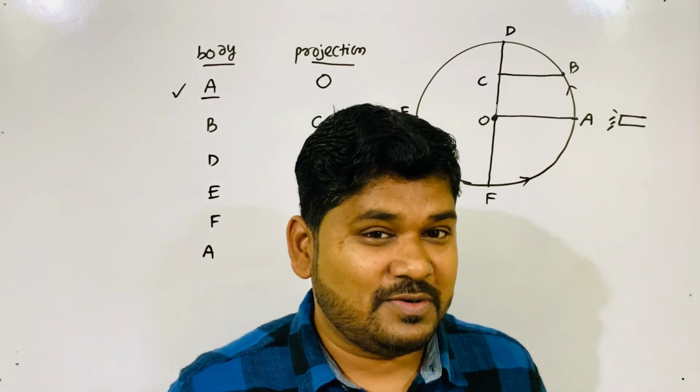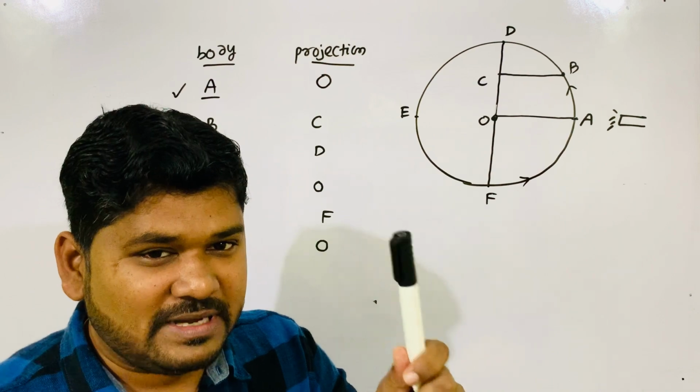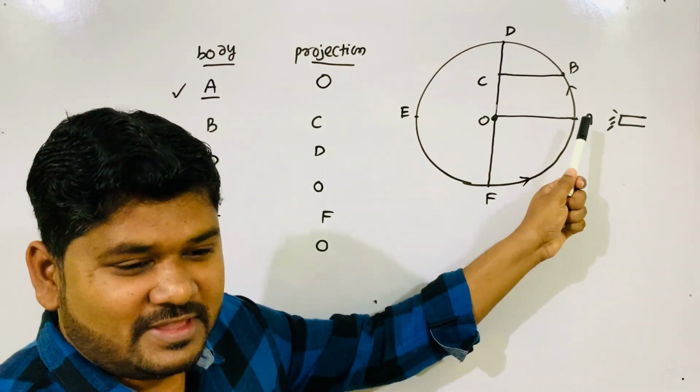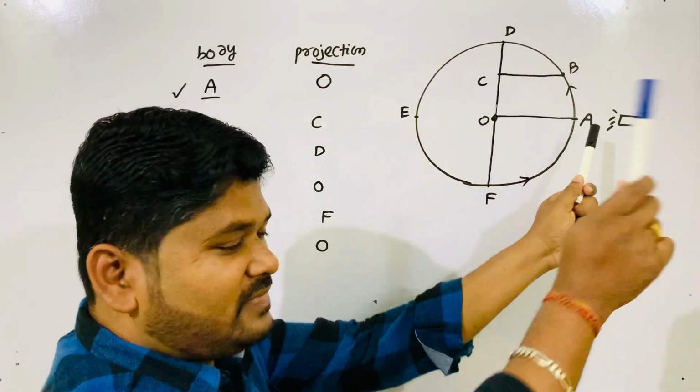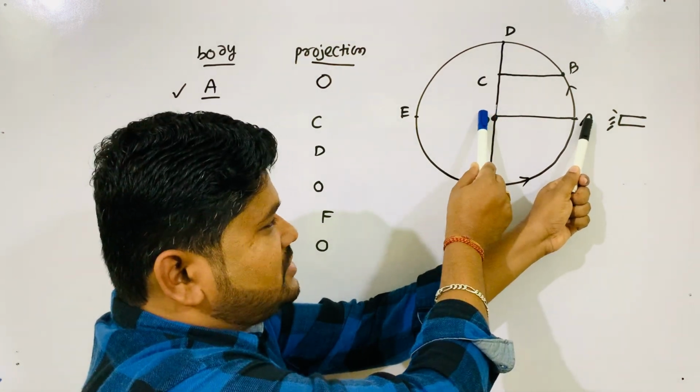But before going to the conclusion, again I am showing you this one. Let's take this black marker as the body, this blue marker as the projection. How they move, you see. Black marker here is the body, and this is the projection.